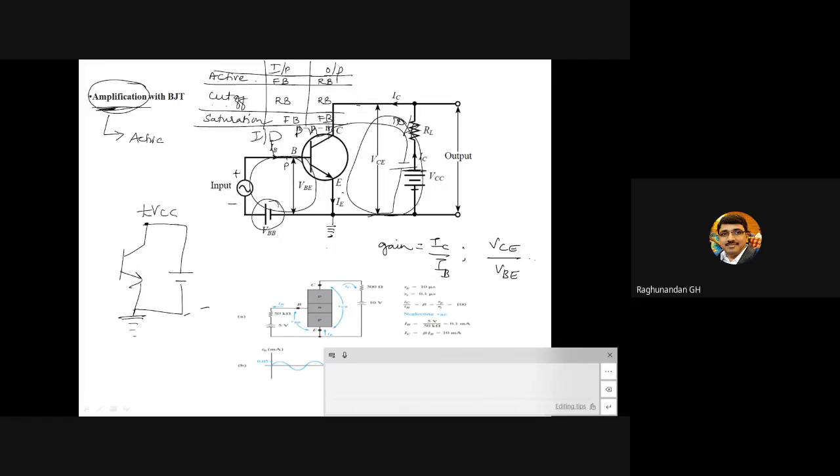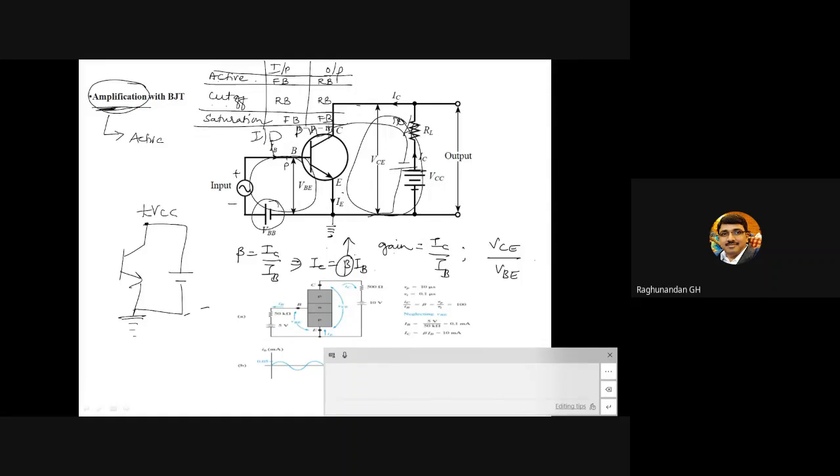Whatever circuit they might give you, no need of worrying. For CE it is IC by IB, or for CB it is this one. Output by input. So now here the gain is beta, which is equal to IC by IB. This implies IC is equal to beta times IB. So what is this beta? Beta is the current gain of the transistor.